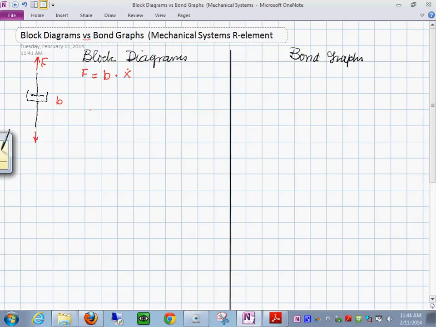So in this particular case, you can say that this is your input. We also call it F, which would be the output. I called it the action, right?